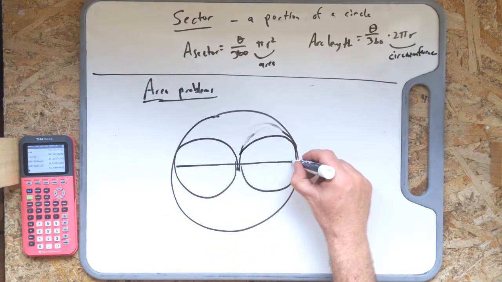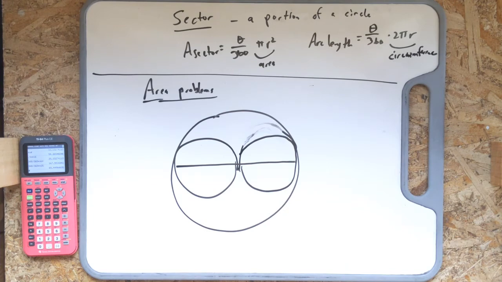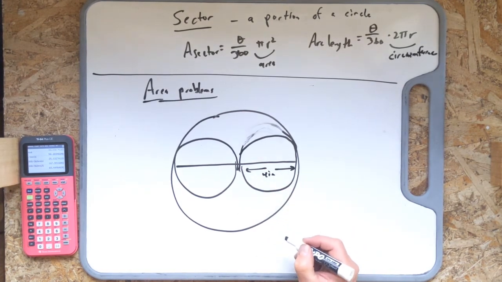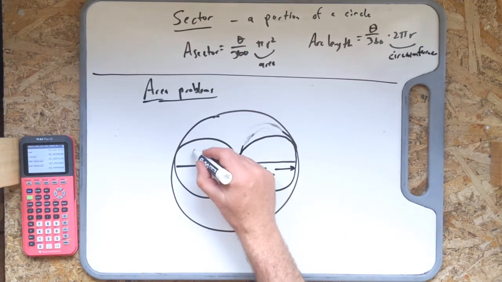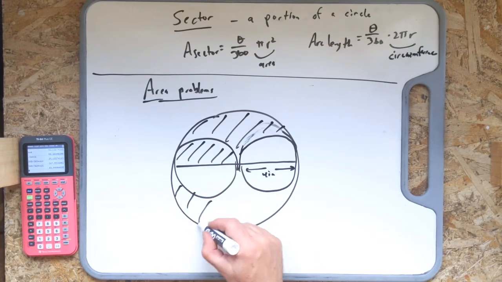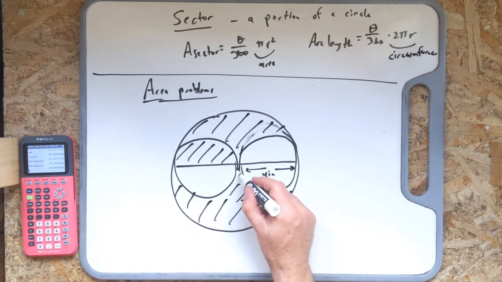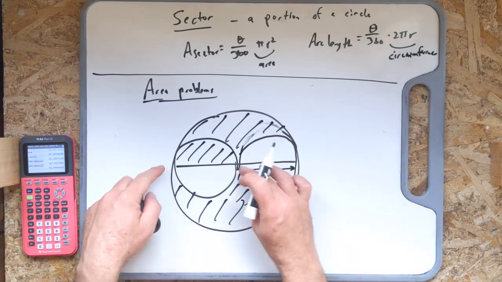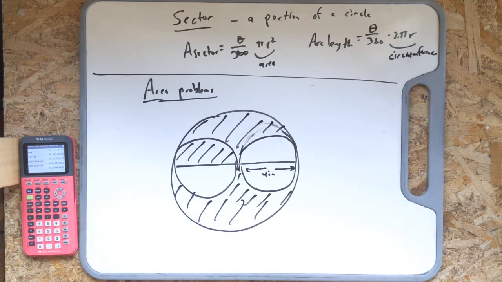It was 2 eyes, giant alien. And this distance from here to here is 4 inches. And what I want to find the area of is this eyelid and the rest of the head, but not that, or that. You can assume, by the way, this is 4 inches as well. In other words, this is the radius of the big circle.